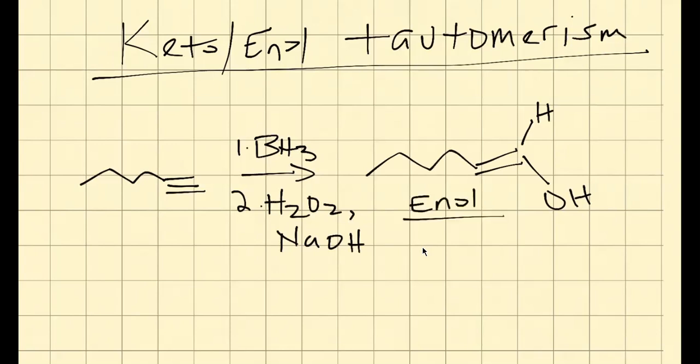Now the "ene" is for the alkene, and the "ol" is for the alcohol, the OH group. So you can see the ene part right here, and the ol part right there. But the enol itself is unstable.